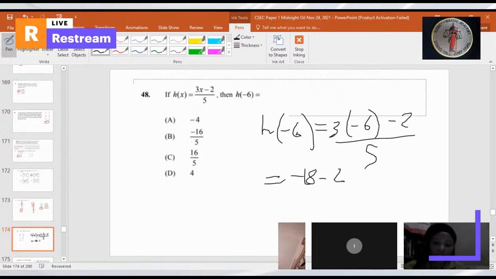Minus 2 gives negative 20, divided by 5. So that's negative 20 over 5, which is negative 4. So that's A.